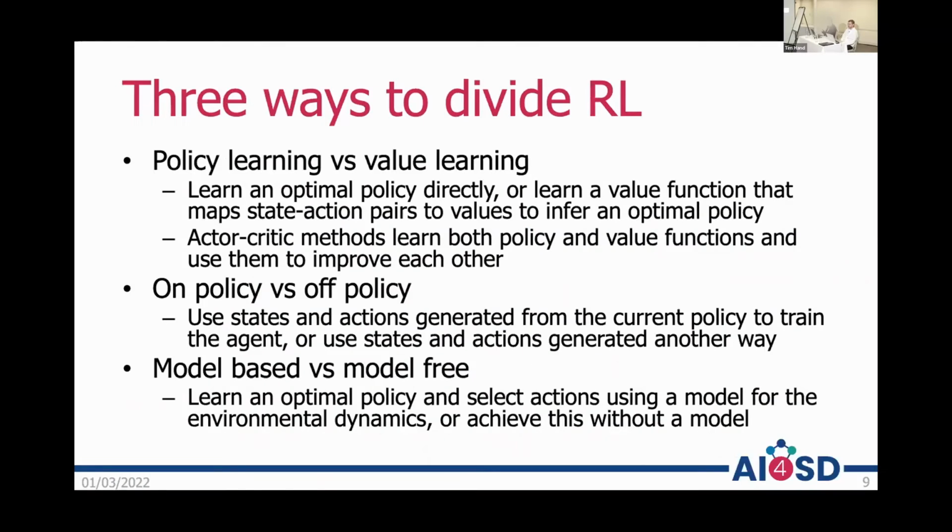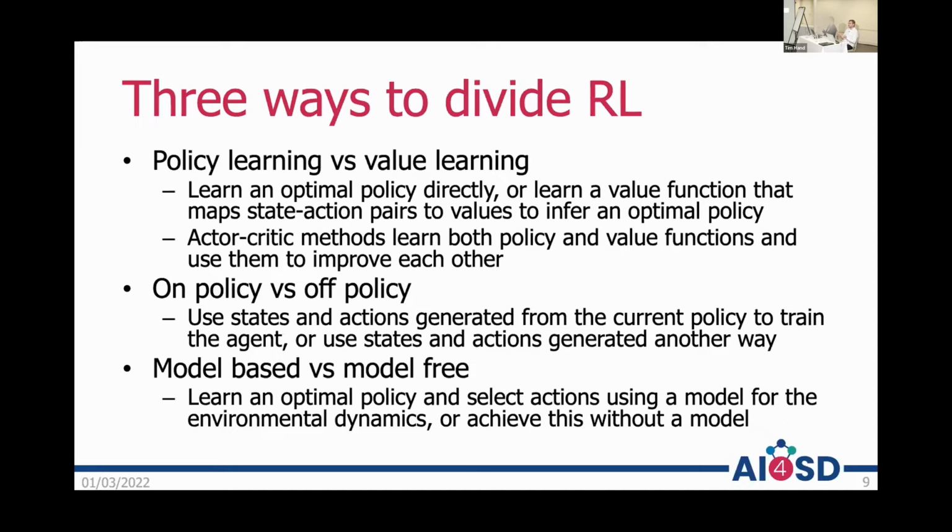There are three main subdivisions you can look at in terms of splitting reinforcement learning up. So one way you can look at splitting them up is to consider whether your algorithm is policy learning or value learning. So policy learning, you learn the optimal policy directly. But in value learning, you learn a value function that maps each pair of state and action to values.